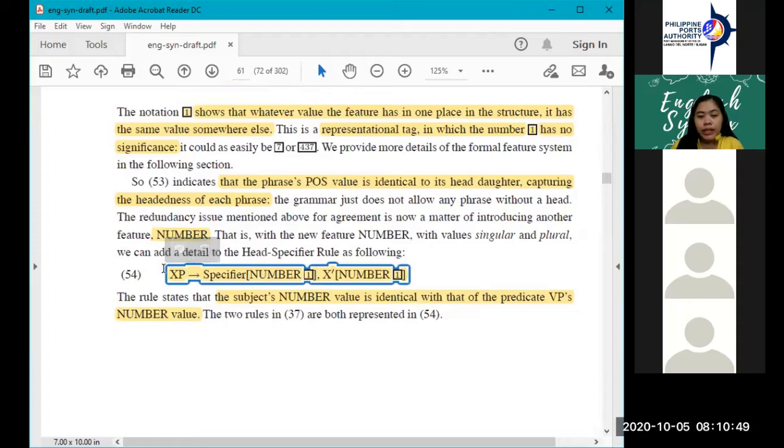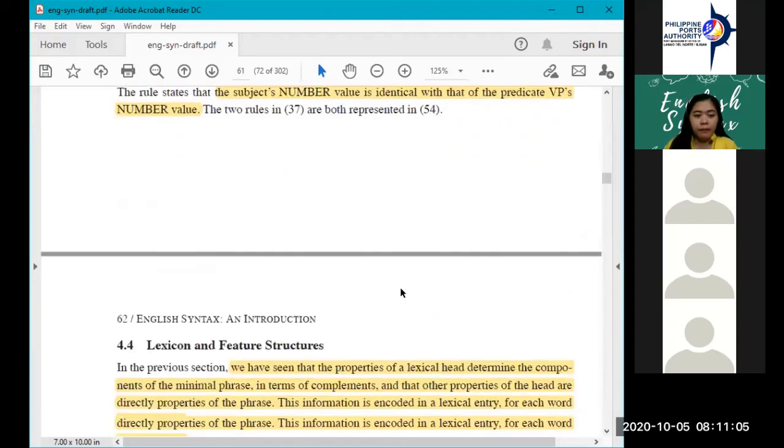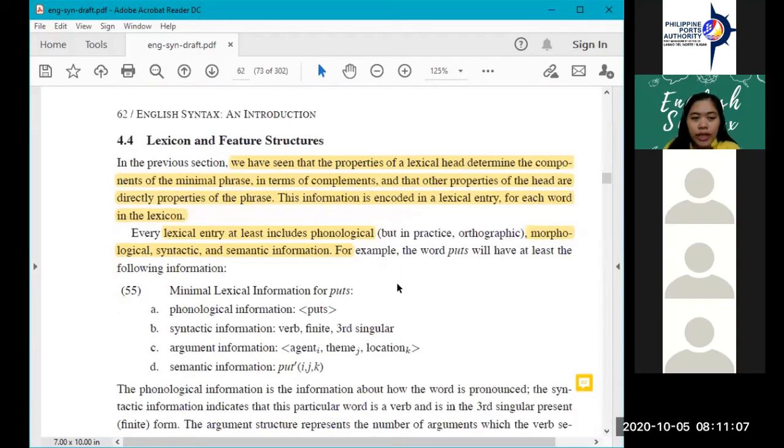So for example, let's have this rule: XP. Why X, ma'am? Because we do not know yet what kind of phrase it is. So that's why it's X. So a phrase has a specifier which has the same number as its X bar, or the rest of its phrase. Okay? Now let's move on to the lexicon and feature structure. Now this is the harder battle.